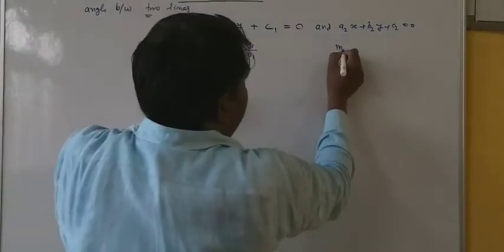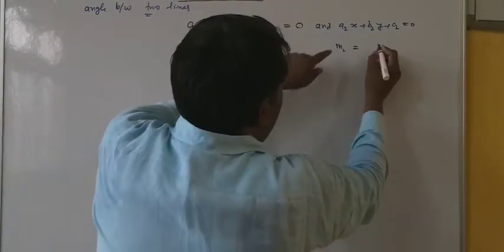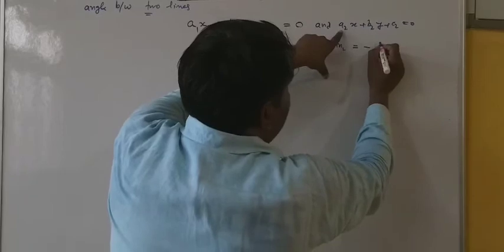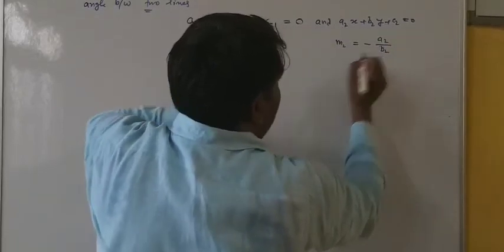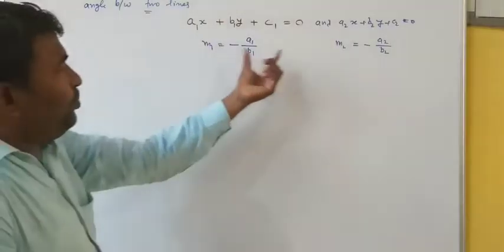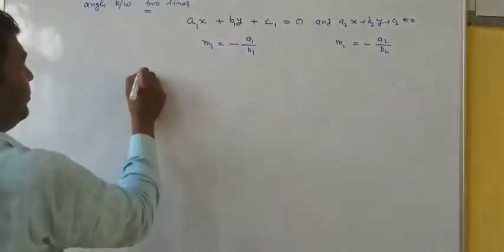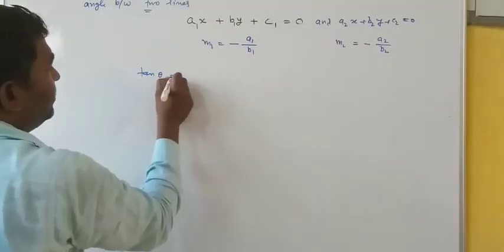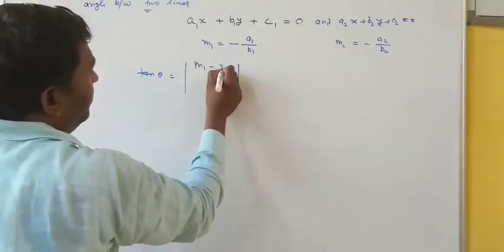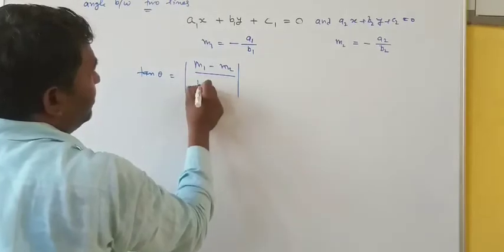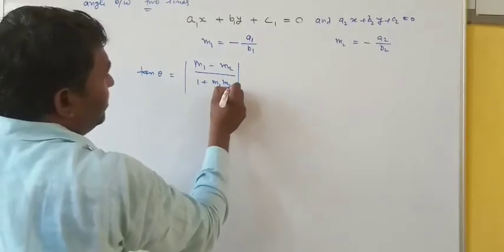And what is the slope of the second? m2 is equal to negative a2 upon b2. So the slopes of both lines are known, and we know the formula to calculate tan theta is equal to m1 minus m2 upon 1 plus m1 m2.